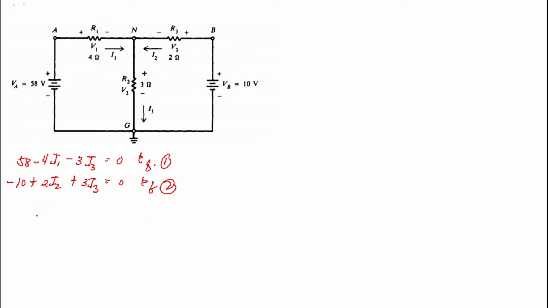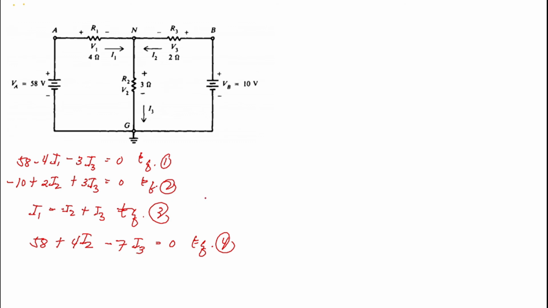Diba? Na ginawa mo na si I1 is equal to negative I2 plus I3. Na itong equation na to, na sa equation number 3, isinubstitute mo ngayon, and then nag-come up ngayon for equation number 4. Ang kinalabasan for the equation number 4 is 58 plus 4I2 minus 7I3 is equals to 0. Ito yung equation number 4.